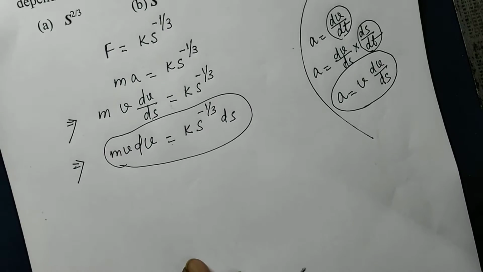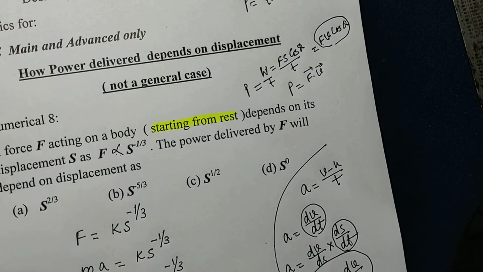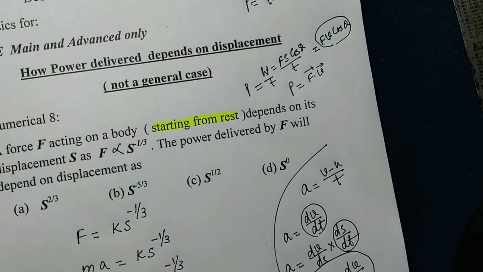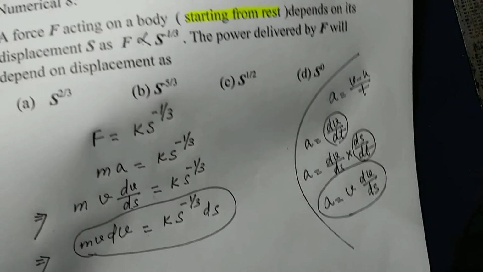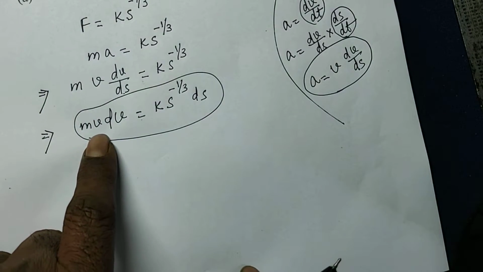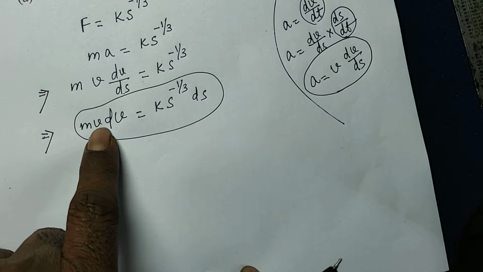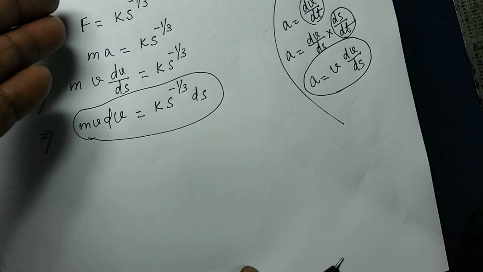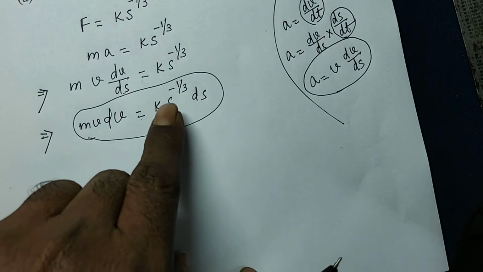Now if you integrate, because it is given starting from rest, the lower limit of integration on the left hand side will start with 0 and the upper limit will have some velocity v.